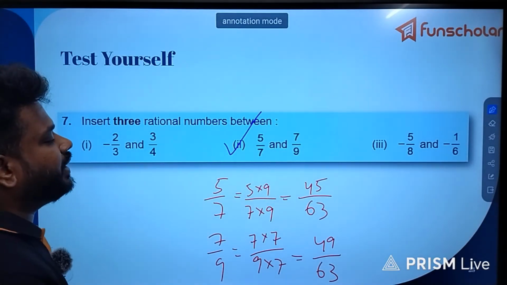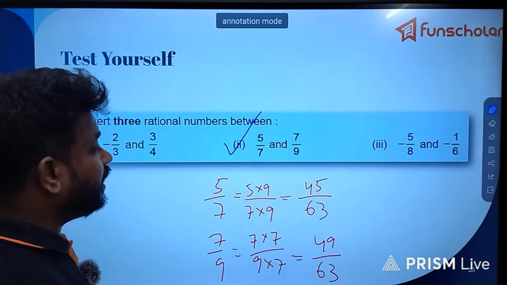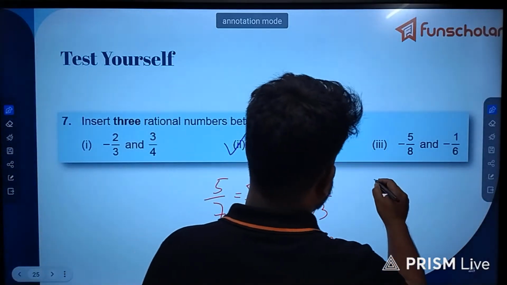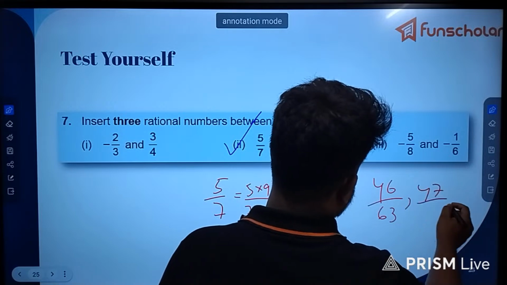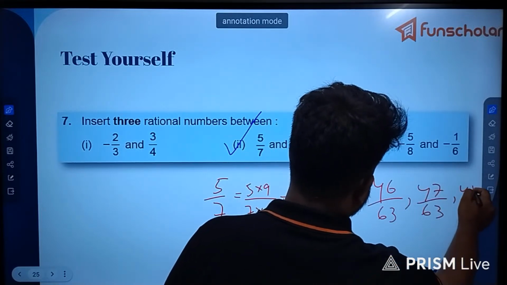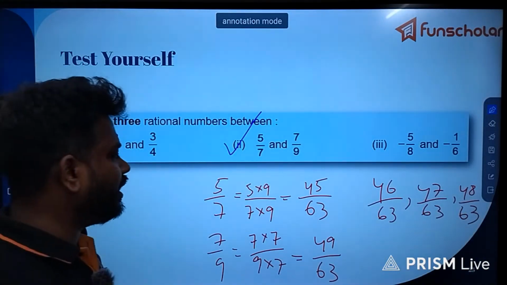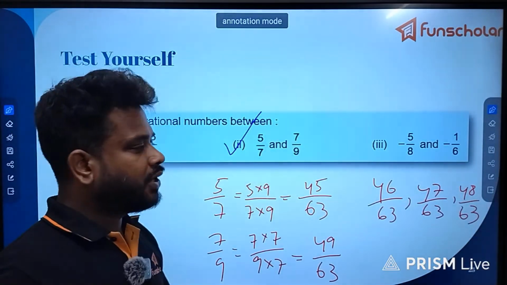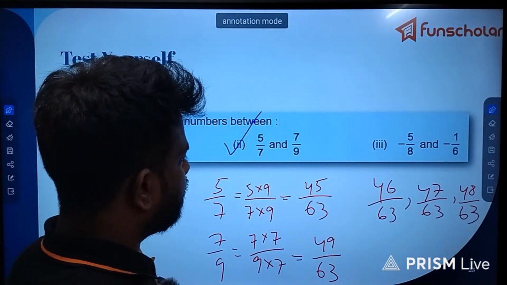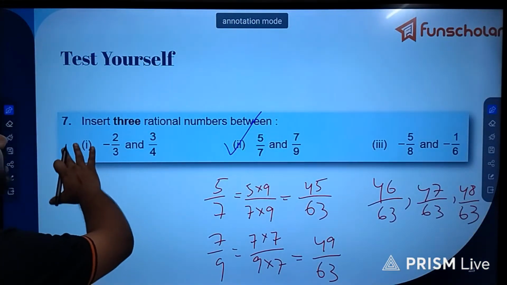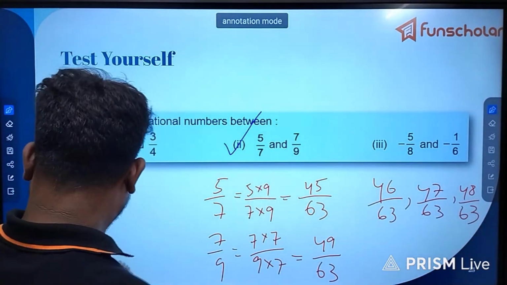So we will be having 3 numbers between 45 and 49. Those are 46 by 63, 47 by 63 and 48 by 63. So these 3 numbers are in between these 2 numbers. Okay, so this one is the final solution of this question, and the same you guys can try at home with number 1 and number 3.